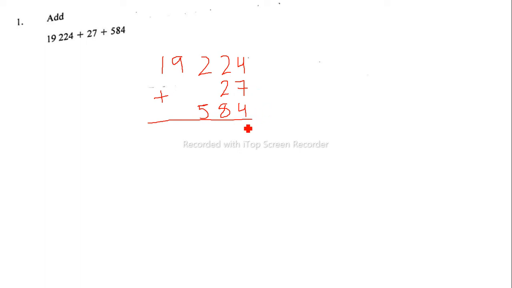So we put the 5 down and bring the 1 up. 8 plus 2 is 10. 10 plus 3 is 13, 14. Put the 3 down, put the 1 up. 5 plus 3 is 8. So this is going to be 19,835.